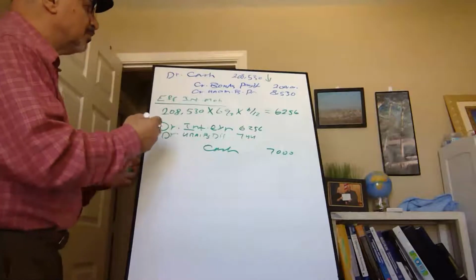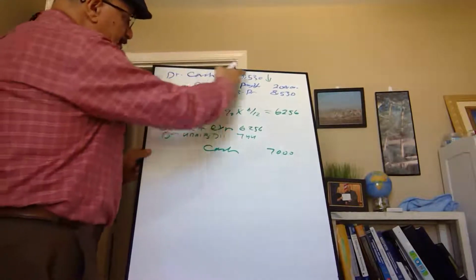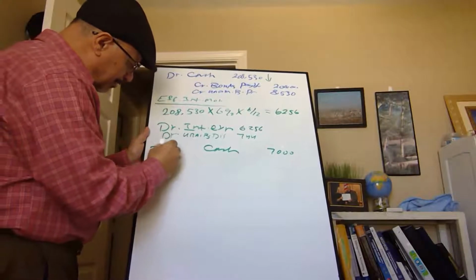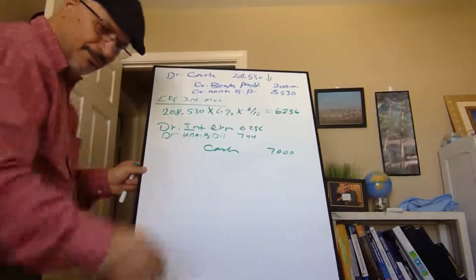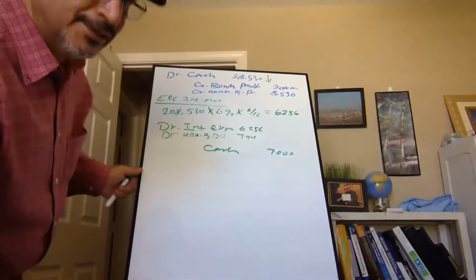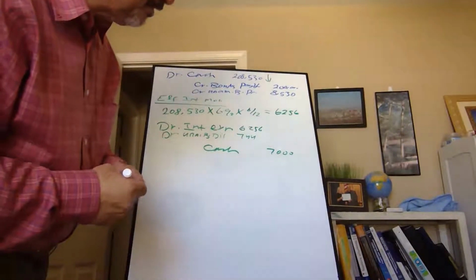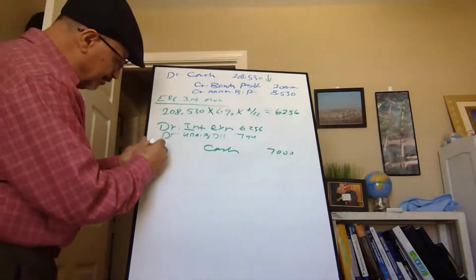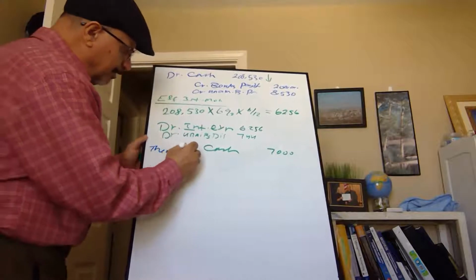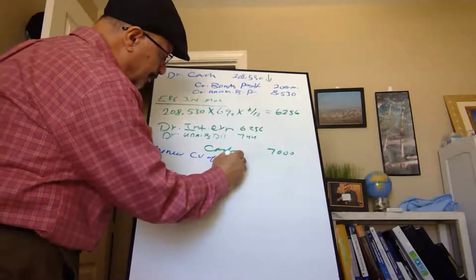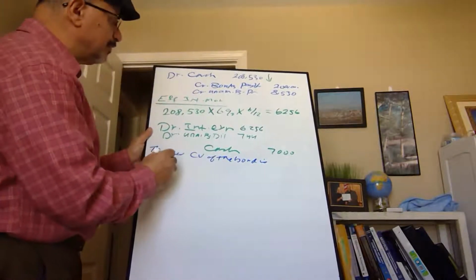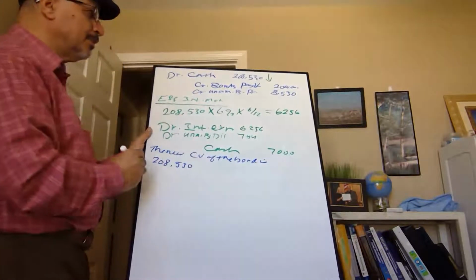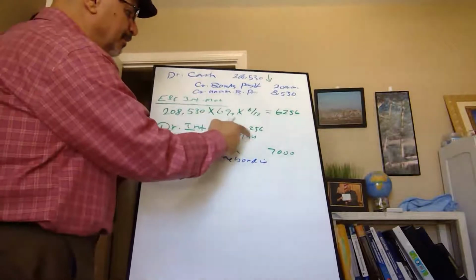So the new carrying value of the bond, or issue price, is 208,530 minus 744.